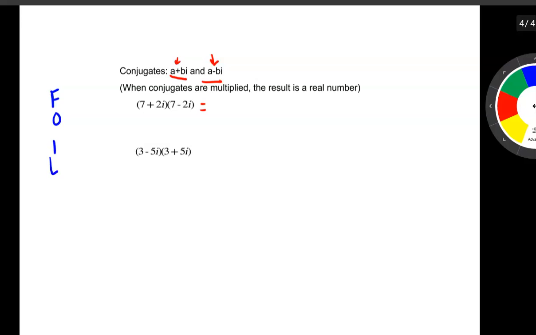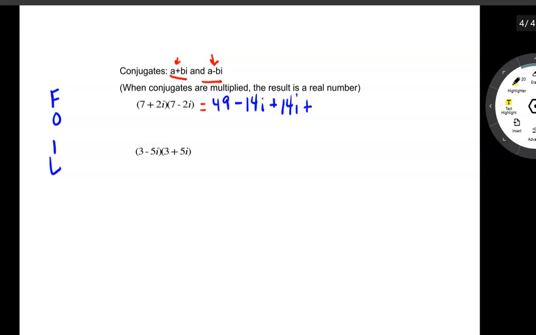Treat it like a binomial times a binomial, so we're going to do FOIL. 7 times 7 is 49. Outside is 7 times -2i, which is -14i. Inside is 2i times 7, which is positive 14i, and then last times last is 2i times -2i.